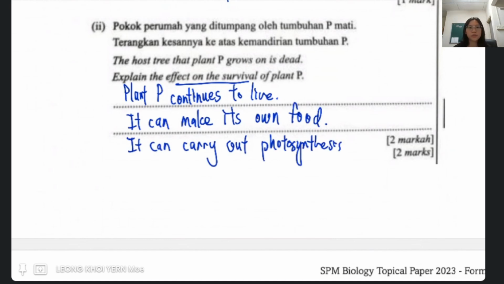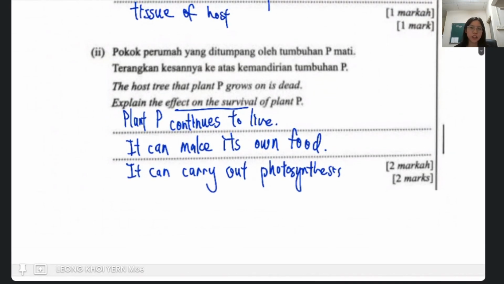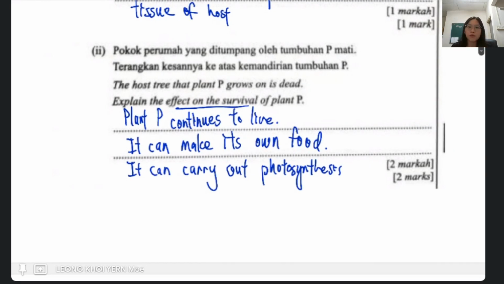All right. Now let's continue. If this one is talking about rafflesia, the effect on the survival means the rafflesia plant will actually die, because rafflesia plant cannot carry out photosynthesis on its own, meaning it can't make its own food.